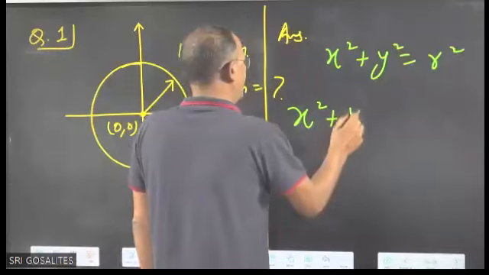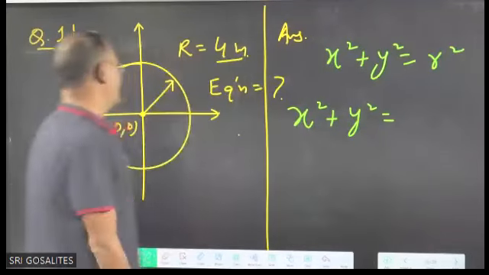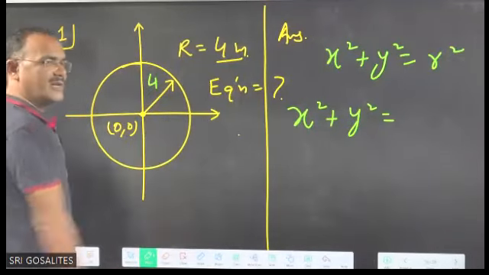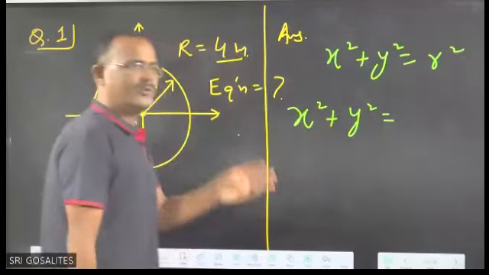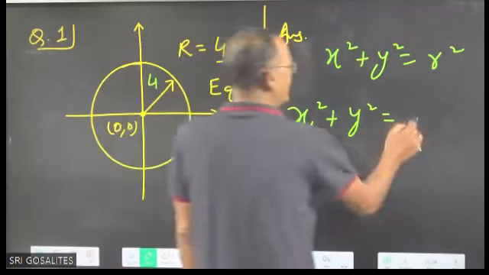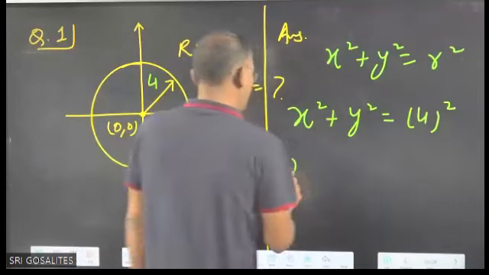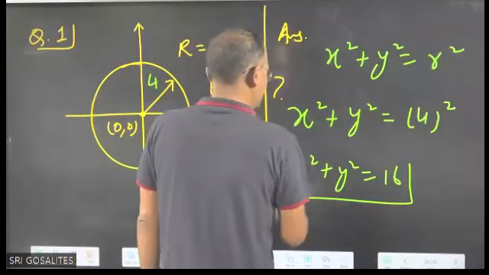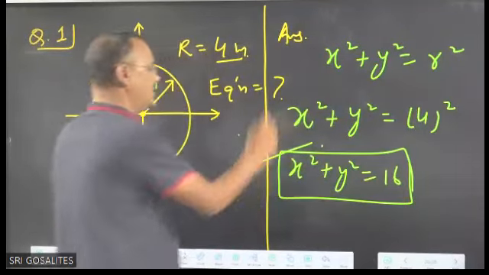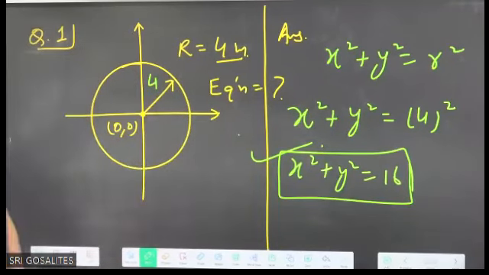The radius is 4, so the square of 4 is 16. This is the equation of this circle: x square plus y square equals 16.